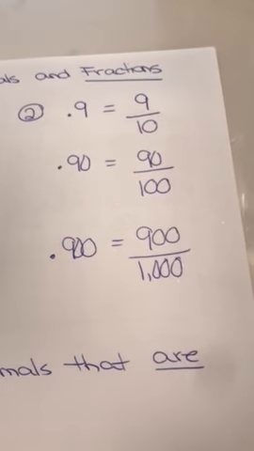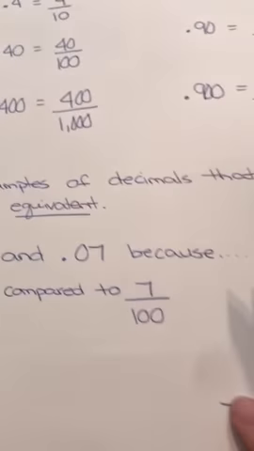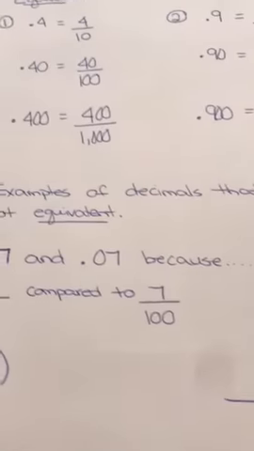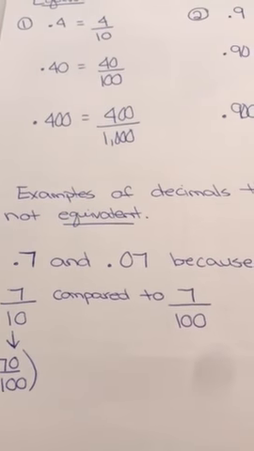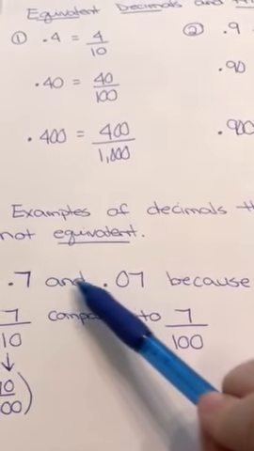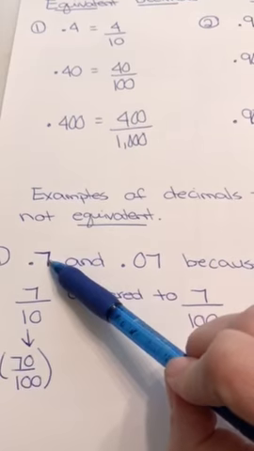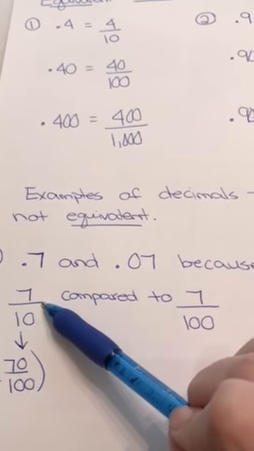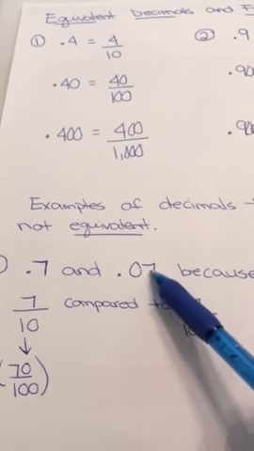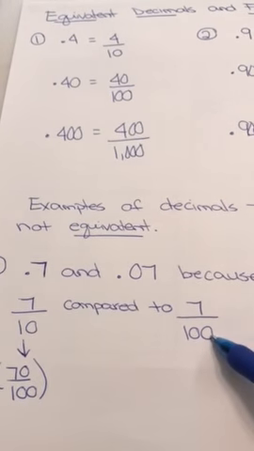recognize when they are not equivalent. So, examples of decimals that are not equivalent. For example, 7/10ths and 7/100ths. The reason they're not is because if I convert 7/10ths to a fraction, I'm comparing that to 7/100ths.